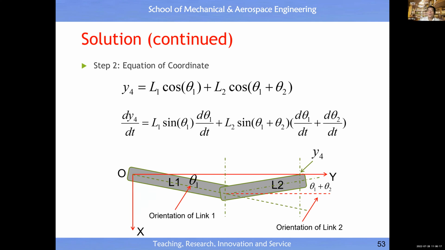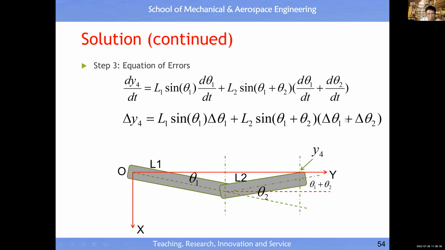Then we can compute velocity, right? So we just calculate the first order derivative of y with respect to time. Then I guess this is just simple mathematics. Then this is the velocity of rotational axis 1 and velocity of rotational axis 2, right?